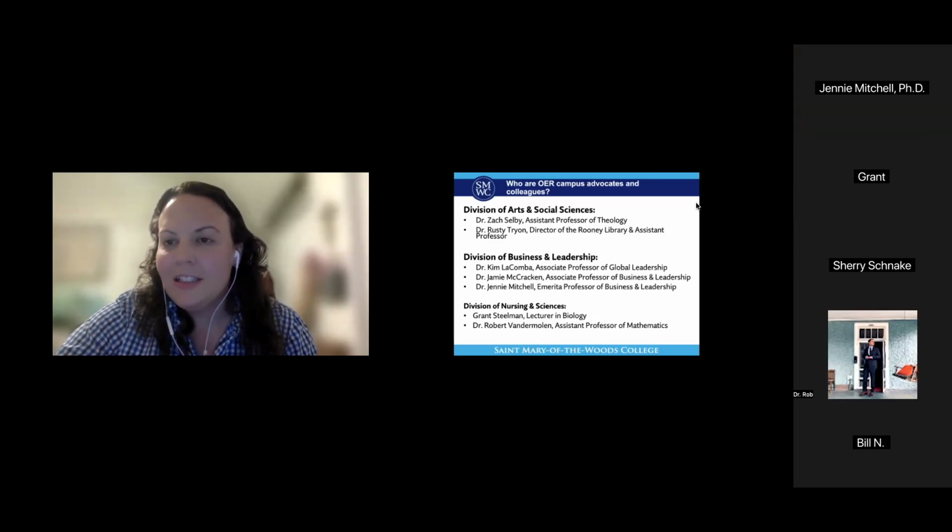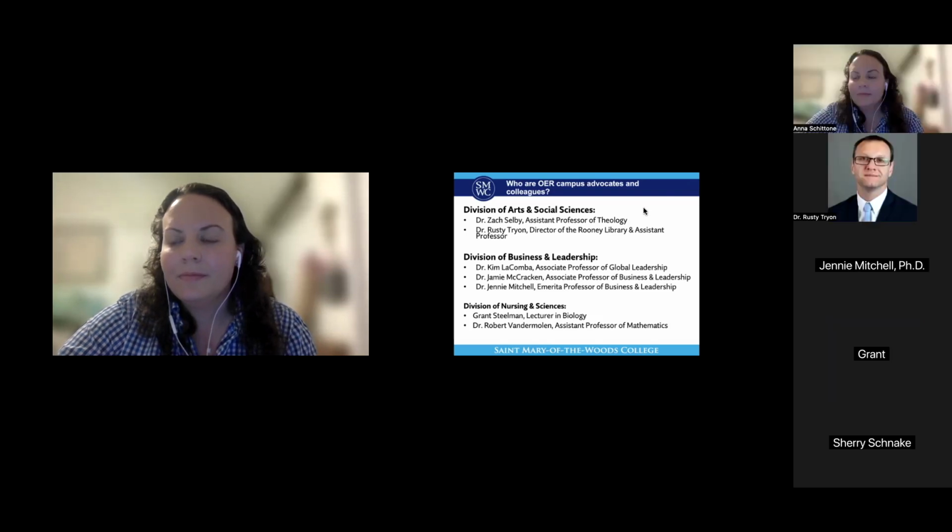Currently I use open resource books in my Woods Core statistics. In all of my upper level math classes, I use them. In one of them, I wrote the textbook myself, and I create all the assignments and put them into Canvas.